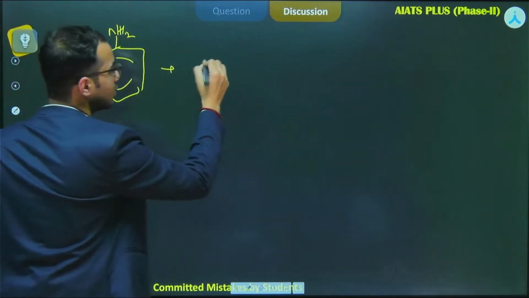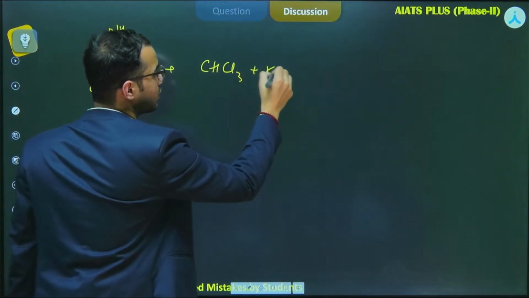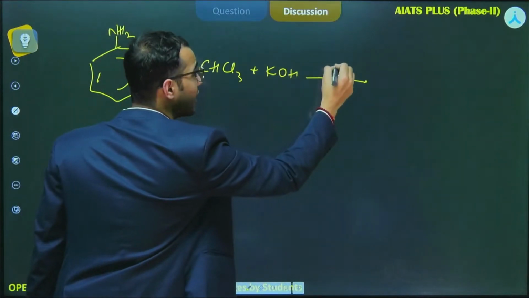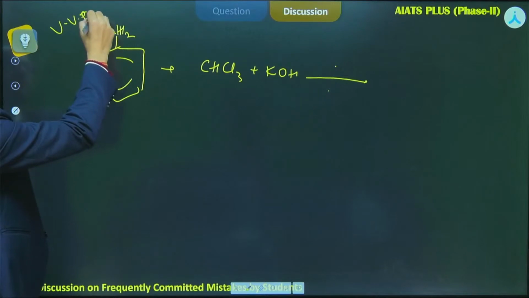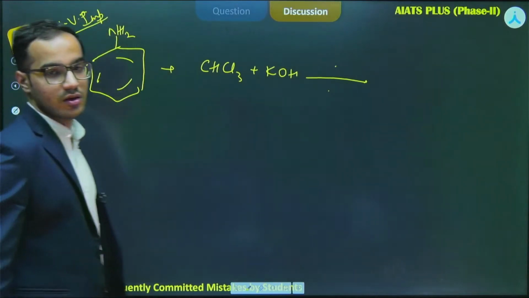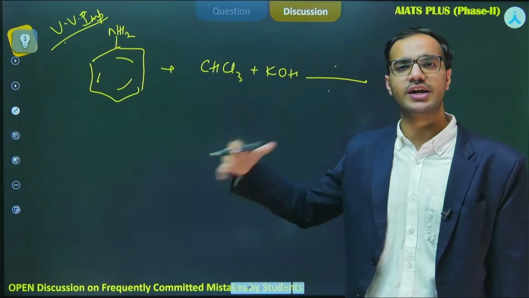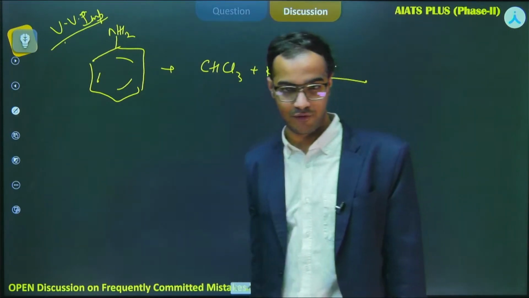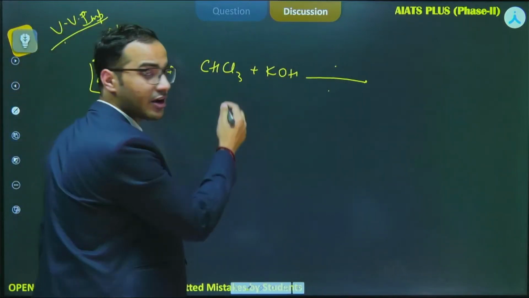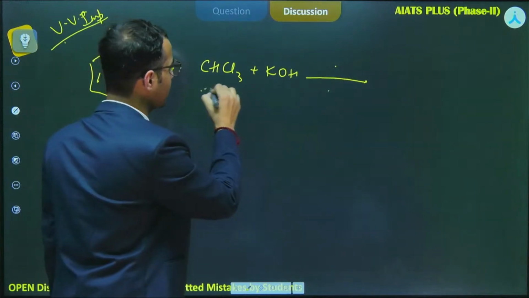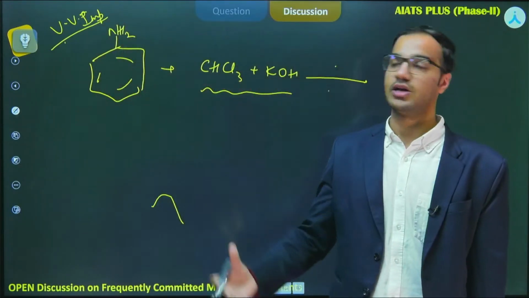In this chapter you have already gone through the Reimer-Tiemann reaction. In that reaction, we are using the same reagent. This reagent is the same in the Reimer-Tiemann reaction also.